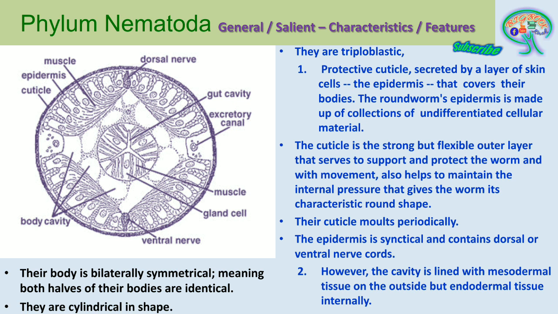The cuticle is the strong but flexible outer layer that serves to support and protect the worm, and with movement also helps to maintain the internal pressure that gives the worm its characteristic round shape. Now here, whatever the characteristic cylinder shape of the organism is, that is because of the cuticle, which is going to hold the pressure of the overall tissue of the organism exerted on the epidermis.